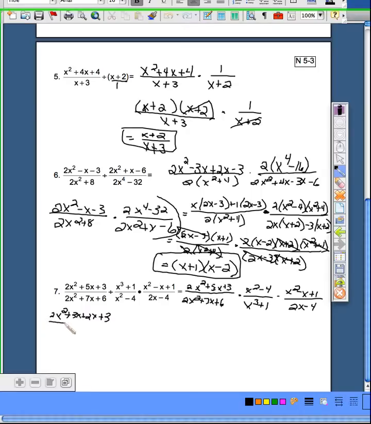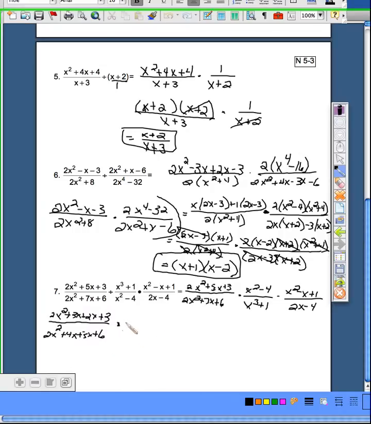Might have been better to write it the other way, but anyway. And the bottom one, we need factors that multiply to be 6 times 2, remember, we multiply the end terms, 12, and add to be 7, both positive. So that's going to be 2x squared, and instead of the 7x, we're going to write plus 4x plus 3x, and then plus 6. Okay?